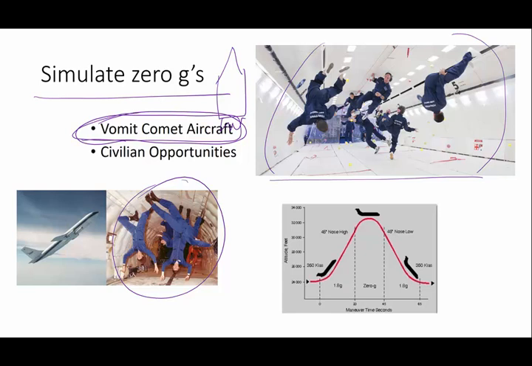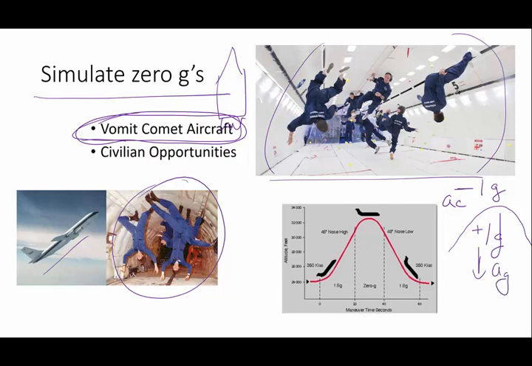And here's what the aircraft does. The aircraft flies a parabolic arc, and they fly this arc so there is negative 1g of centripetal acceleration. Now, we're on the Earth, so there is positive 1g of acceleration of gravity.